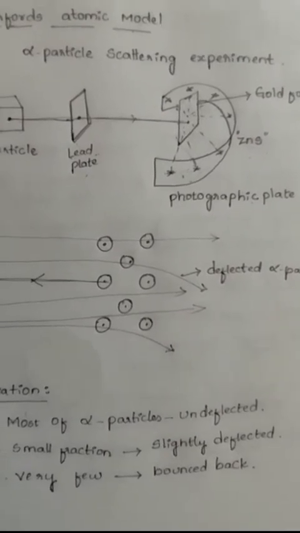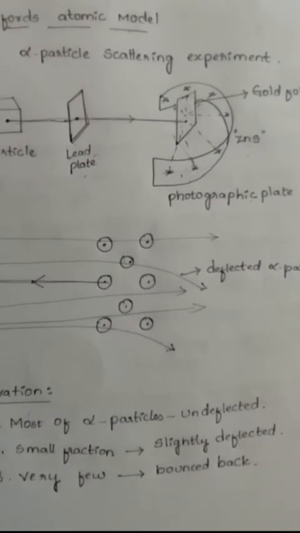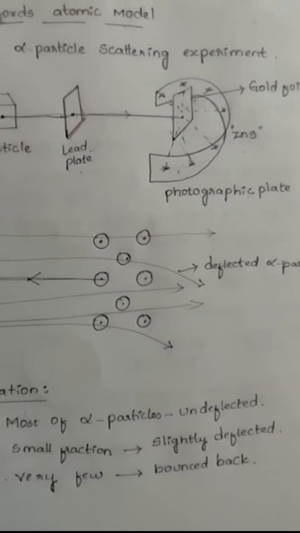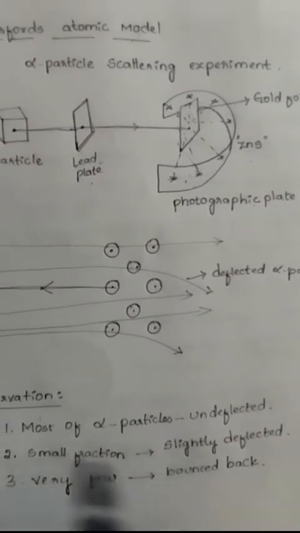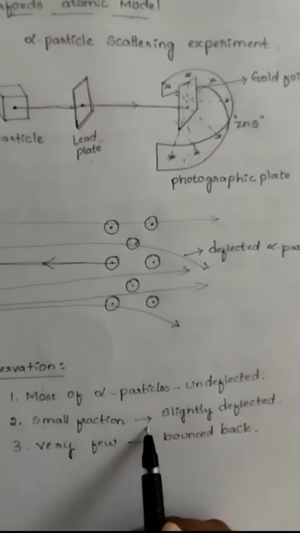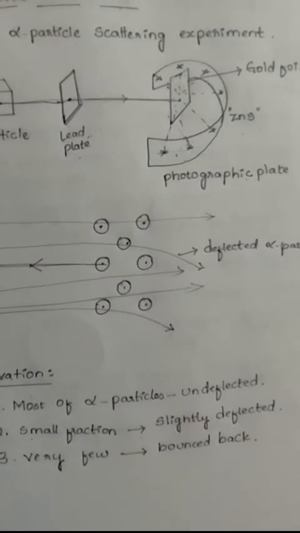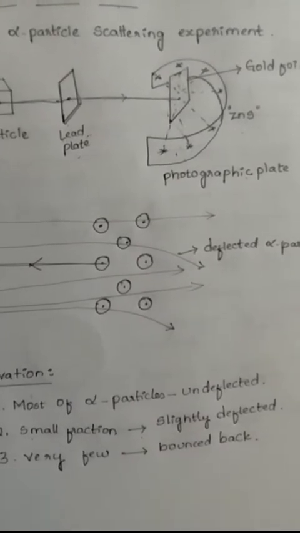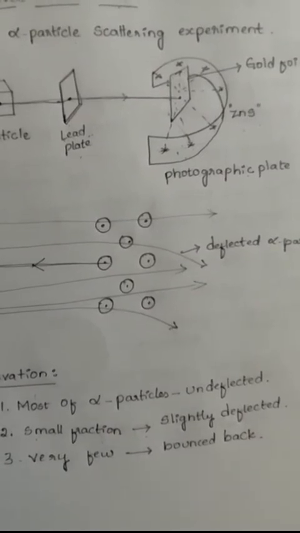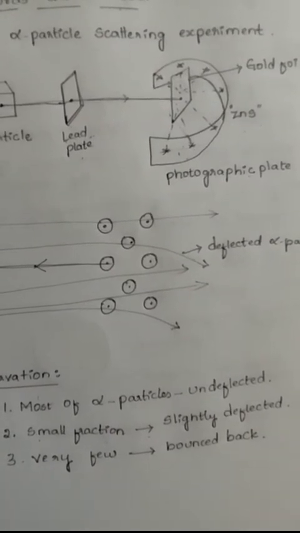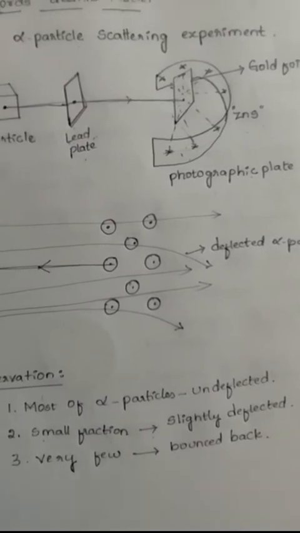It indicates that there is an empty space which allows alpha particles to pass through the gold foil, and a small fraction of alpha particles are deflected. This means, in Rutherford's observation, the enormous repulsive force shown by the positive charge of the atom causes this deflection.